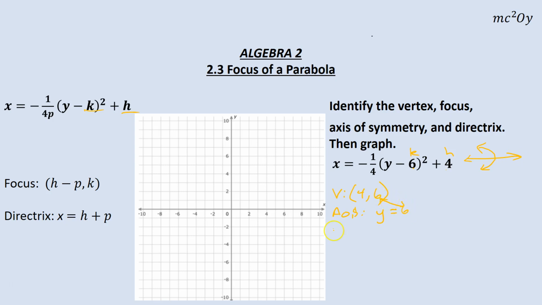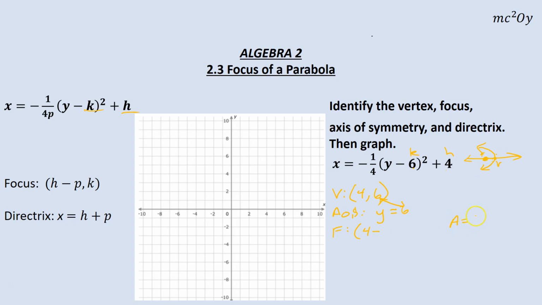And then when we deal with the focus, our focus is going to be 4. In this case, we're actually going this way to get to our focus. So from our vertex, which is here, we're going to be subtracting. So 4 minus p. We have to find p.